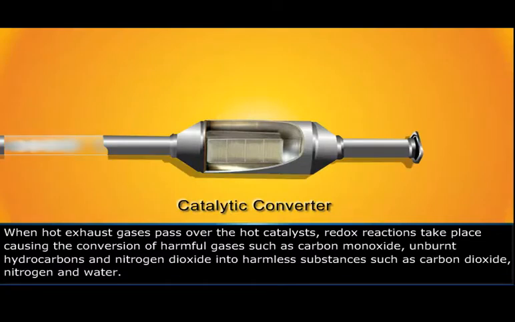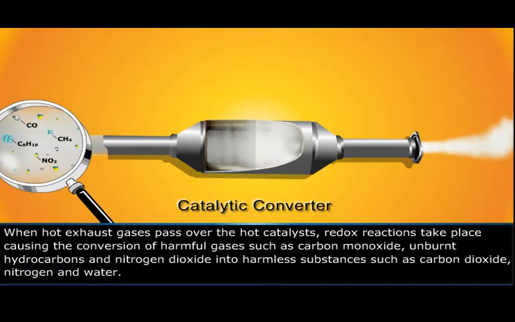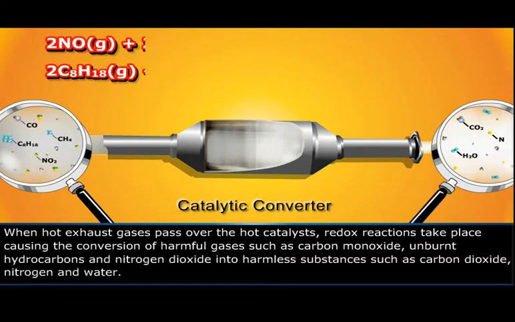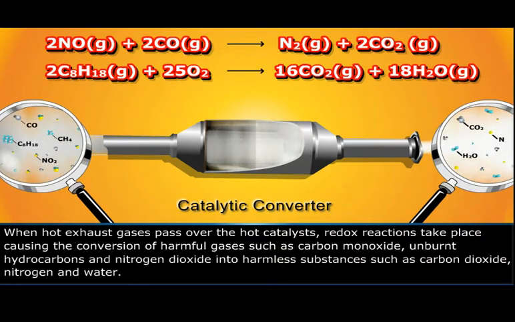When hot exhaust gases pass over the hot catalysts, redox reactions take place, causing the conversion of harmful gases such as carbon monoxide, unburnt hydrocarbons, and nitrogen dioxide into harmless substances such as carbon dioxide, nitrogen, and water.